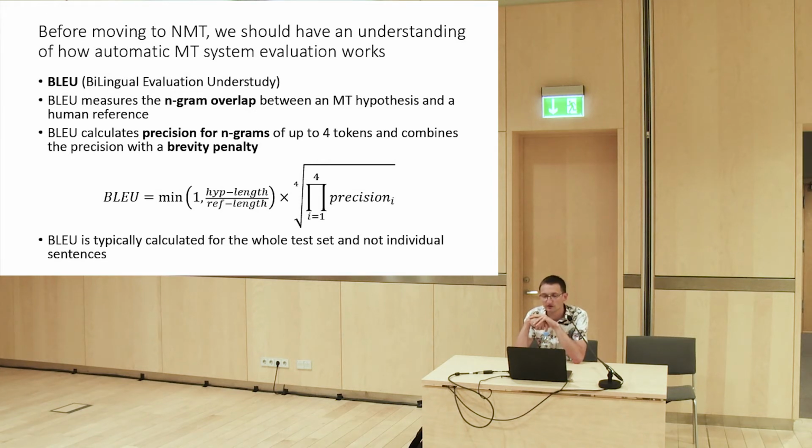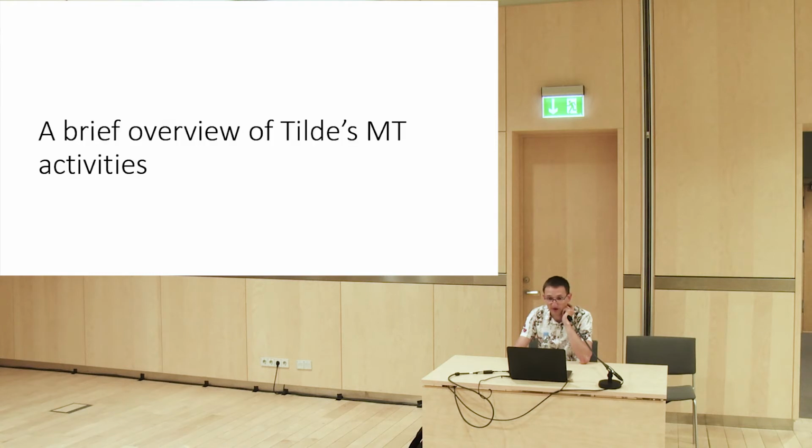So BLEU analyzes the content overlap for up to 4 tokens. And it tries to penalize situations where the hypothesis is shorter than the reference itself. So there's a brevity penalty that lowers the score if the hypothesis is shorter than it should be. Any questions so far? No.